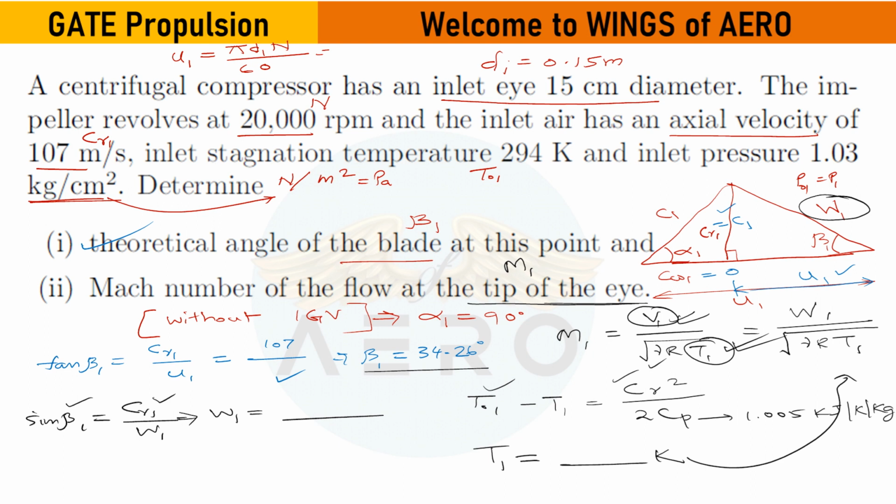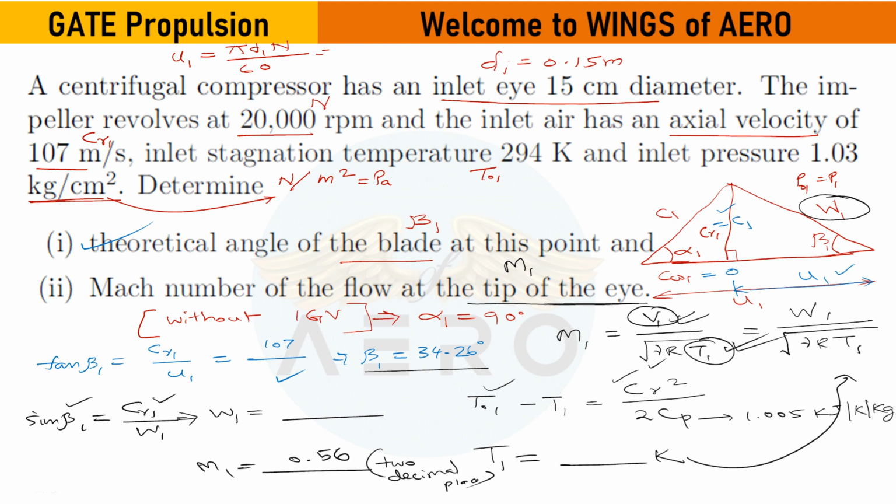And tell me the answer, what is the Mach number to 2 decimal places? 0.547. No, again you have made the mistake. I said 2 decimal places. 0.54, or you are getting 0.56, so that will be the answer.